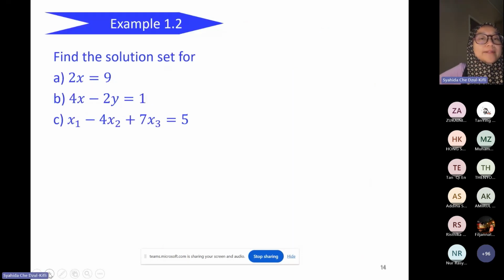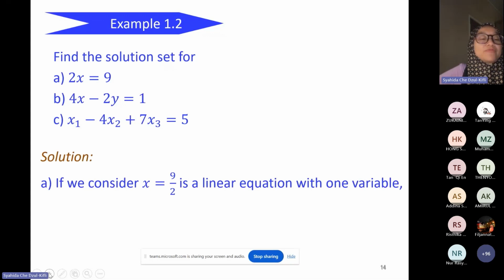Okay. All right. Find the solution set for A, B, and C. So A, only variable x appears in the linear equation A. So if we consider this as a linear equation with one variable, the only solution is 9 over 2.